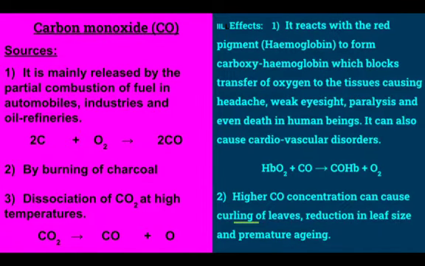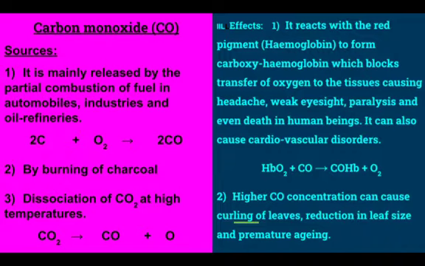Because this carboxyhemoglobin is found to be 300 times more stable than oxyhemoglobin. Hence it blocks transfer of oxygen to the tissues, which leads to headache, paralysis and even death. It can also cause cardiovascular disorders.